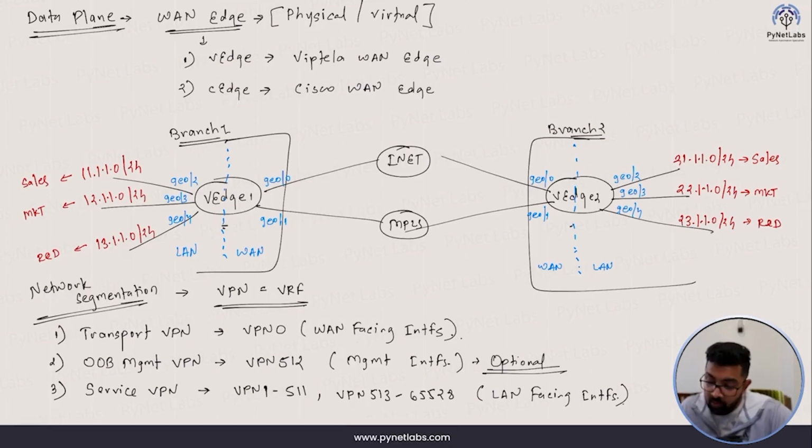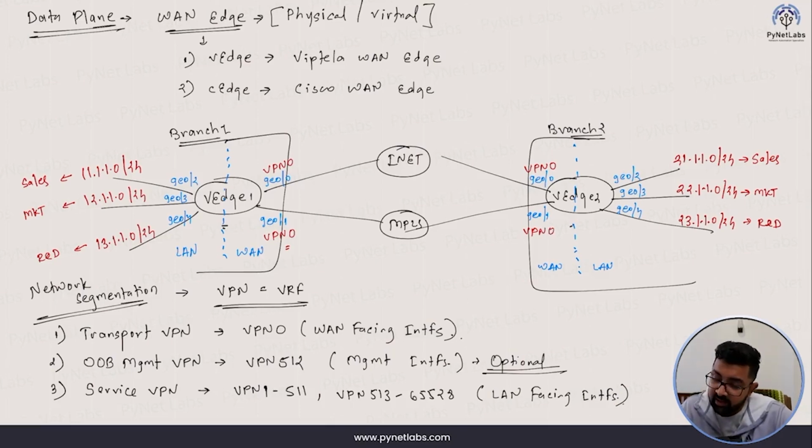So with this given overview, our G0/0 interface will be part of VPN number 0. Our G0/1 interface will also be part of VPN number 0. Over here also, this is going to be VPN 0 and VPN number 0.